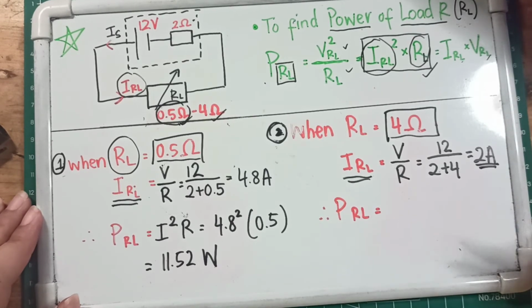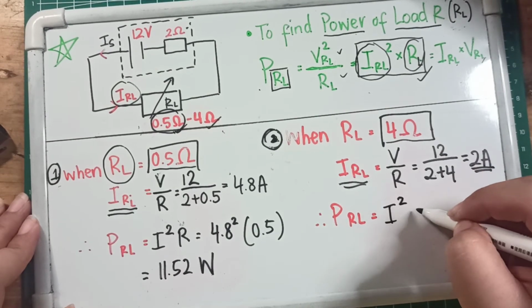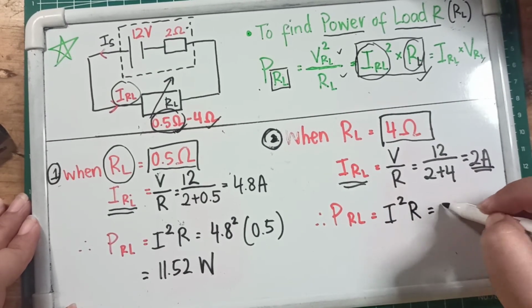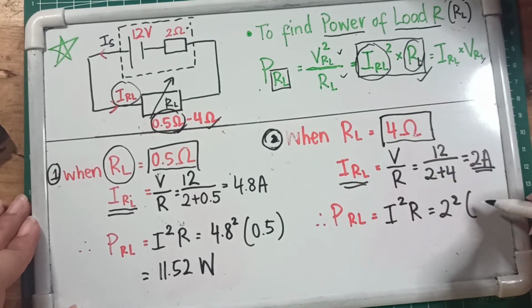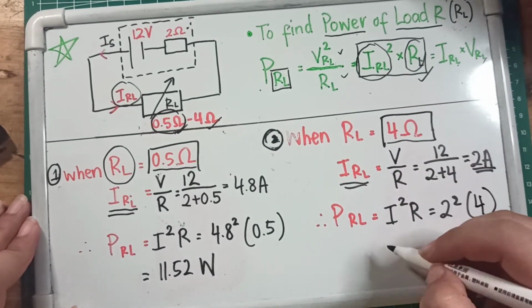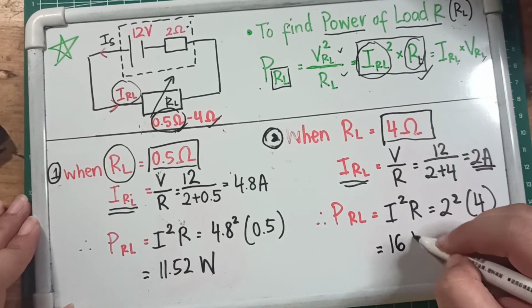Then we can find the power. The power is I squared times R, which is 2 squared times the resistance we're using now, 4. So our answer will be 16 watts.